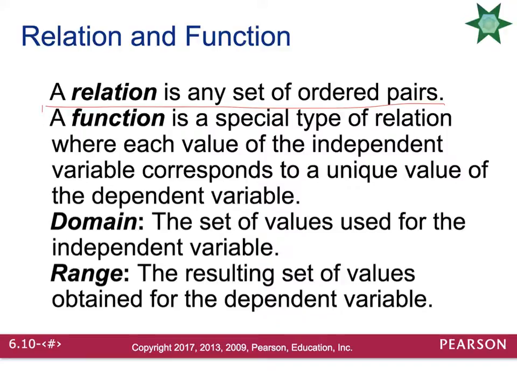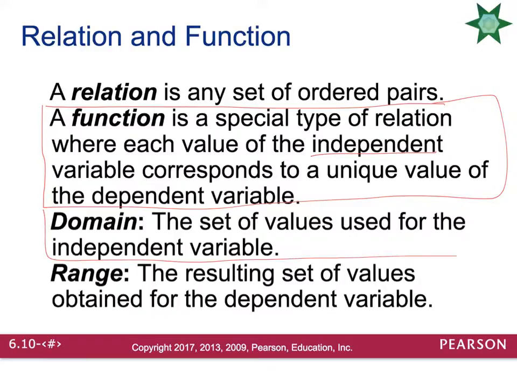Now a function is a special type of relation. And in a function, every value of the input or the independent variable corresponds to a unique value of the dependent variable. So every x should correspond to only one y. The set of x's that you use, or the independent variable, is going to be called the domain.